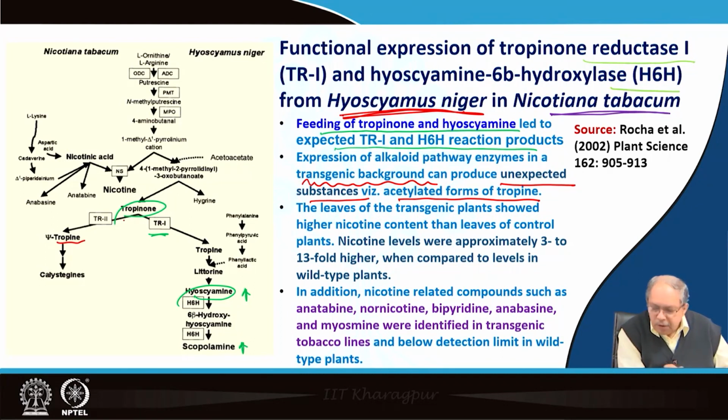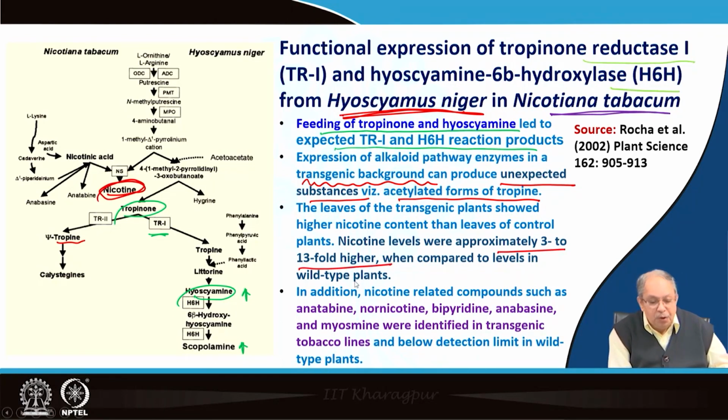The leaves of transgenic plants showed a higher content of nicotine than control plants. That is also very interesting, and they said the nicotine level is up to 13-fold higher compared to the wild type. That means that under a transgenic background for tropane alkaloids, it somehow boosts nicotine formation.